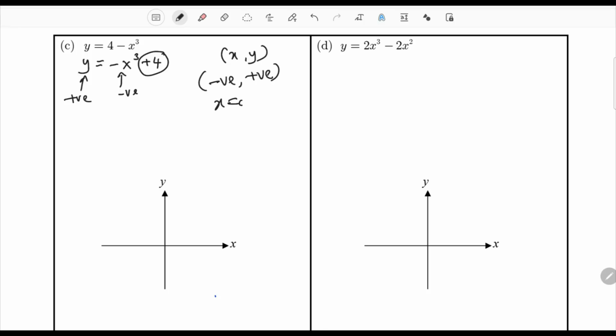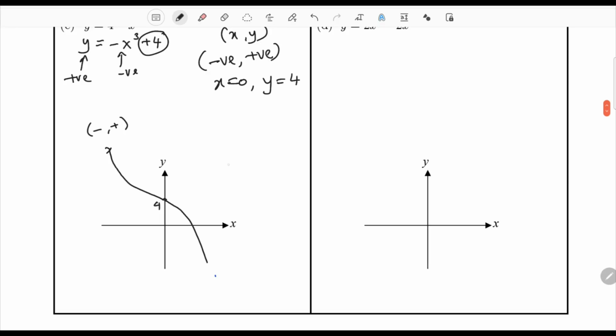When x is 0, you get y equal to 4. So it passes through 4 here. So the point negative, positive in the second quadrant. So it goes through here. Alright, so this is the negative, positive. So this is your 4. Okay, so domain will be negative infinity to infinity. Range will be negative infinity to infinity.